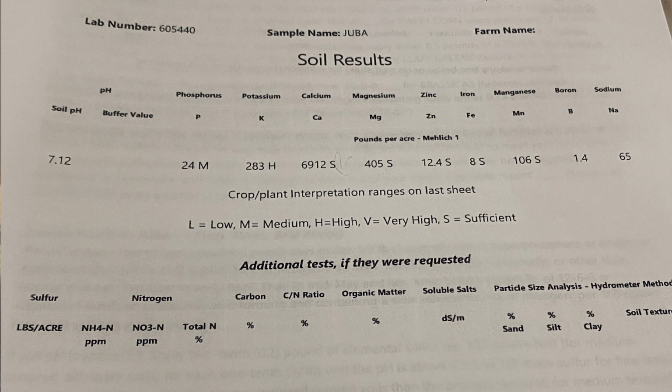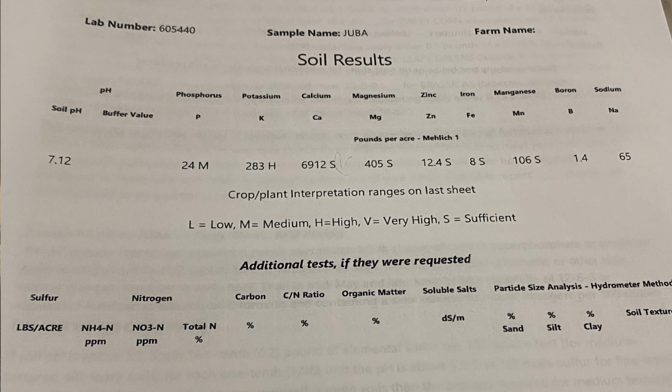The soil result will tell you, for example, their soil pH was 7.12, so that means it's alkaline. Alkaline is also called basic. Neutral is 7, and anything below that is acidic.